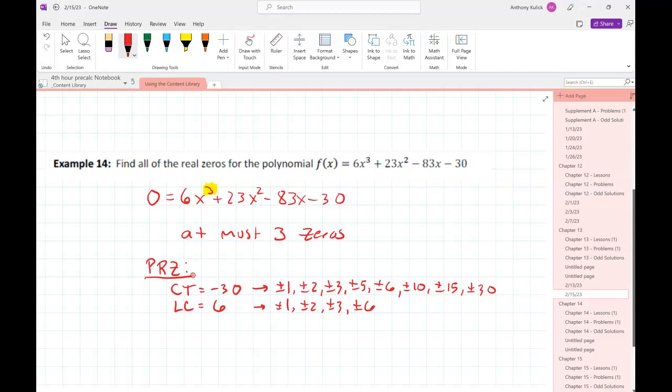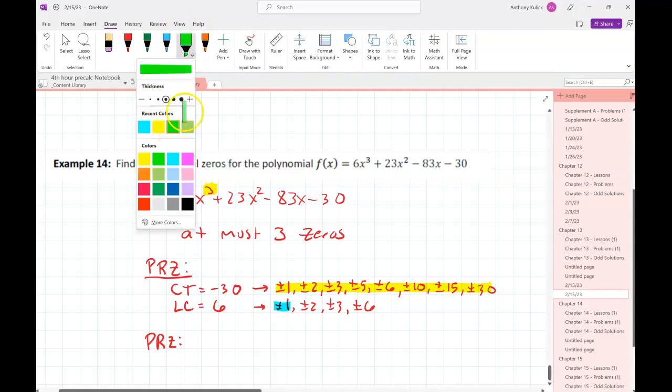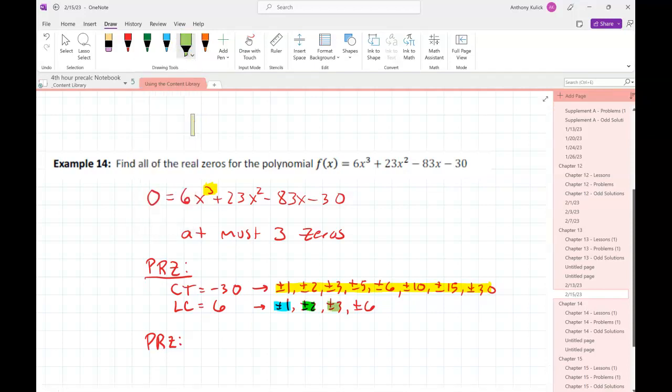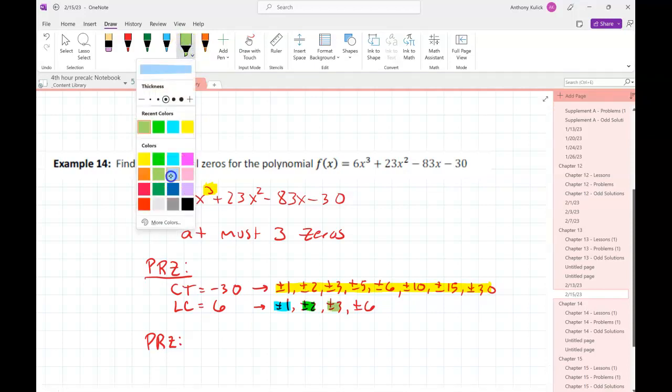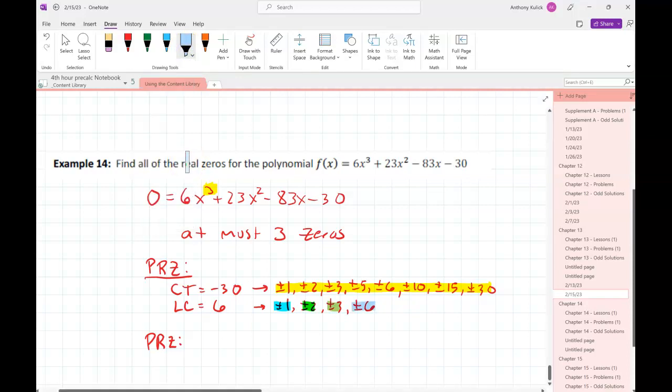Oh dear. So my list of possible rational zeros is every factor of 30 divided by 1, and then divided by 2, and then divided by 3, and then divided by 6. And that's going to be some kind of list.